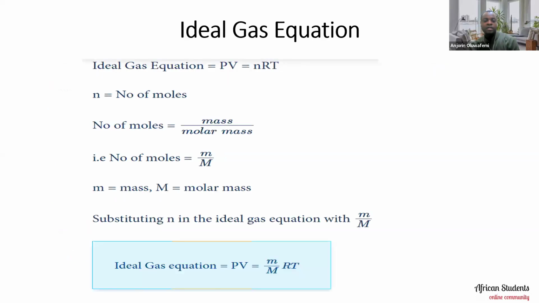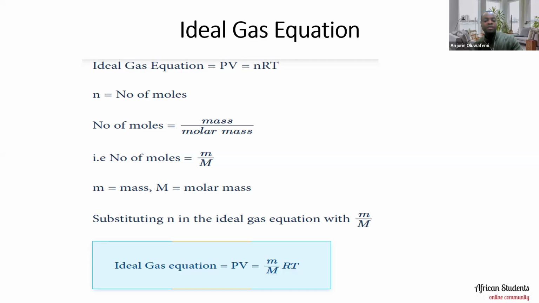The next thing is to know that our ideal gas equation, PV equals nRT, where n is the number of moles, and the number of moles can be calculated using mass over molar mass. So we can substitute n in the ideal gas equation with m over M, that is, the mass and the molar mass.